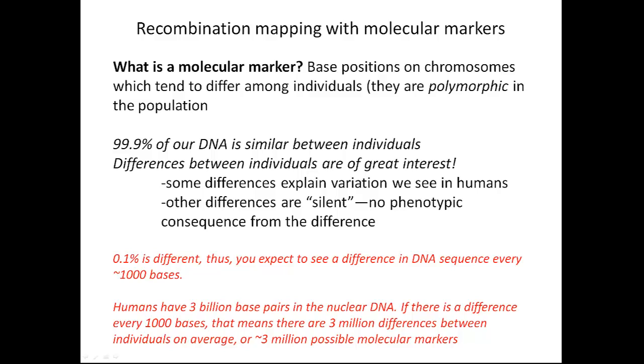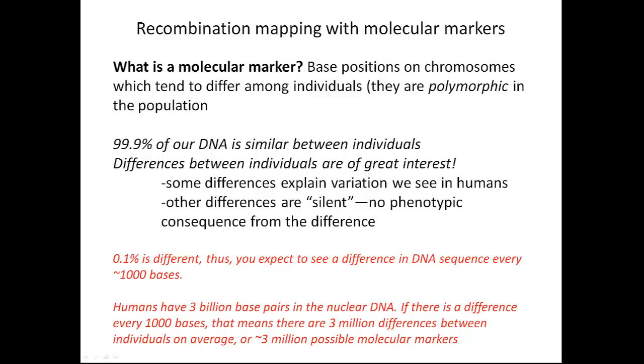So surprisingly, humans actually share around 99.9% of their DNA. So if you look at any two individuals, they're really virtually identical at the DNA level. Of course, that 0.1% that we have different from each other is of great interest. And so those differences are what leads to the phenotypic difference among individuals.